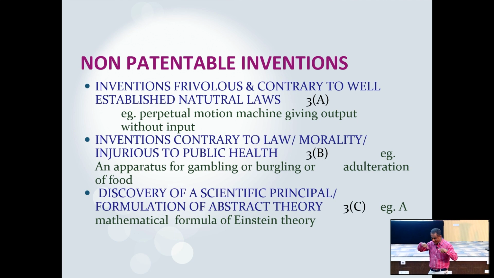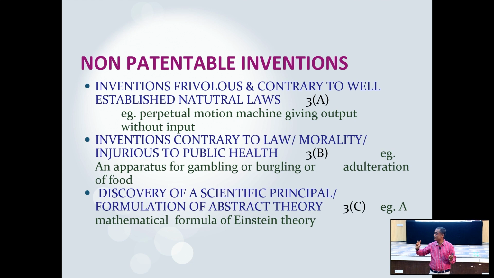So when it is against the Kelvin Planck statement or the Clausius inequality, the output cannot be more than input. The simple way of understanding that is: it is not patentable. One inventor came to me and demonstrated his invention.